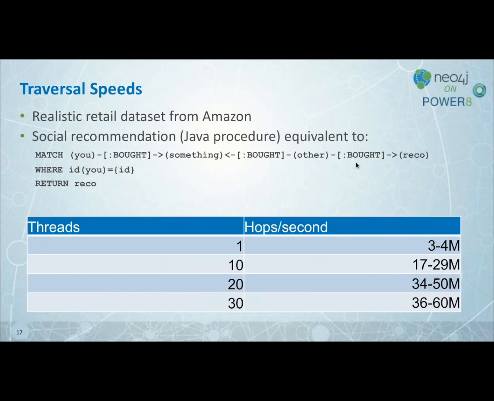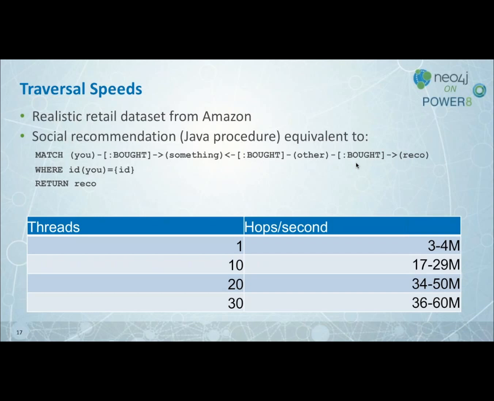But then if I run these across 1, 10, 20, 30 threads, and you'll remember this when you hear from Keshav how many threads you have per core and how many cores you have per server. This can be done on a single socket.